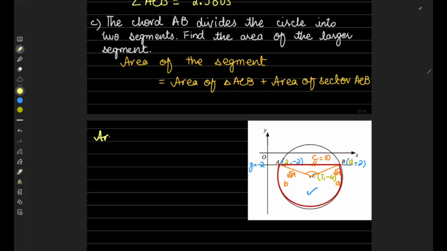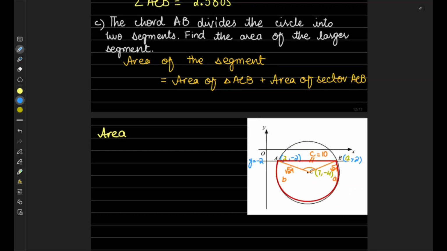Area of triangle, as I told you, you can find by using base times height, simply by using that. So the area of your triangle you can find by any method.